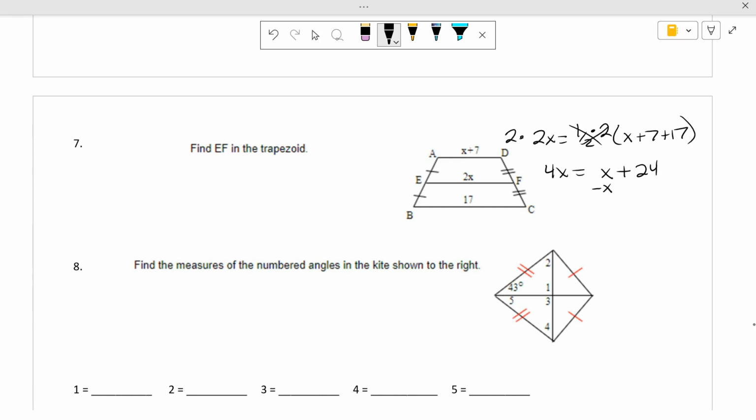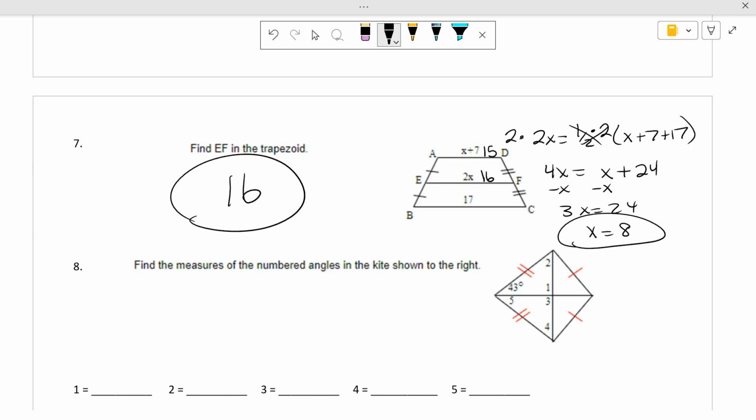So if we subtract x from each side, 3x equals 24. So x equals 8. What's 2 times 8? What's 8 plus 7? So 15, 16, 17 works. Okay, so 16 is EF.